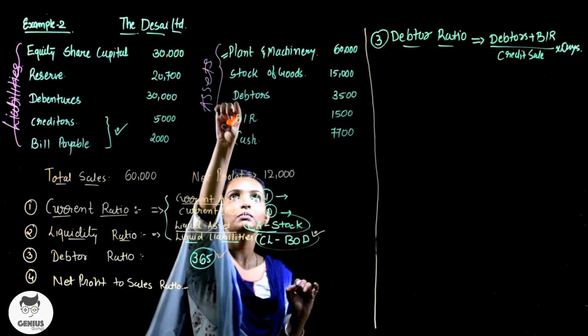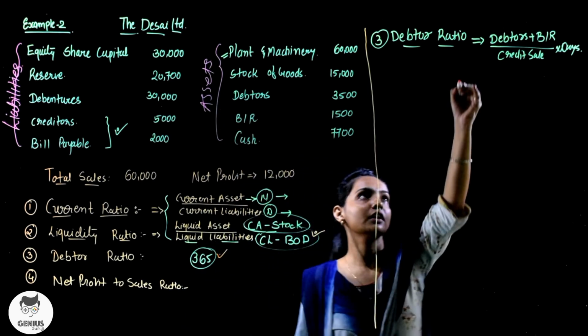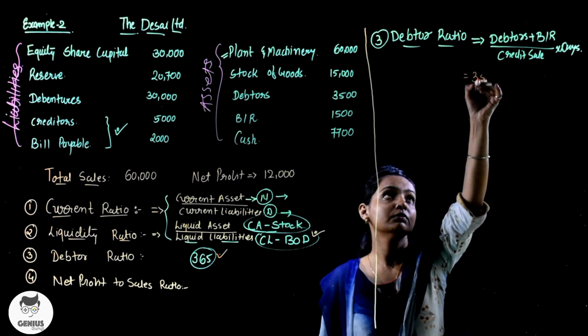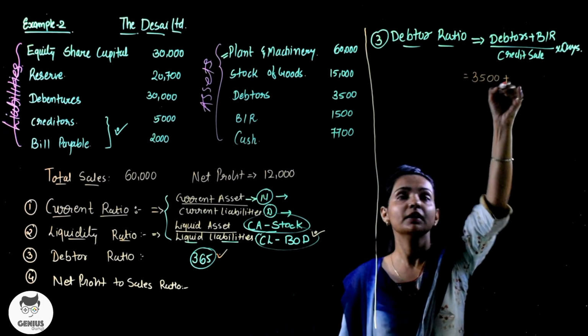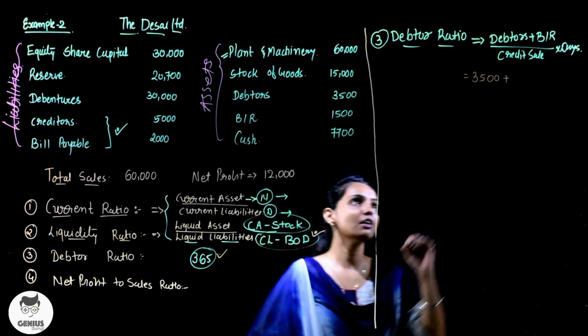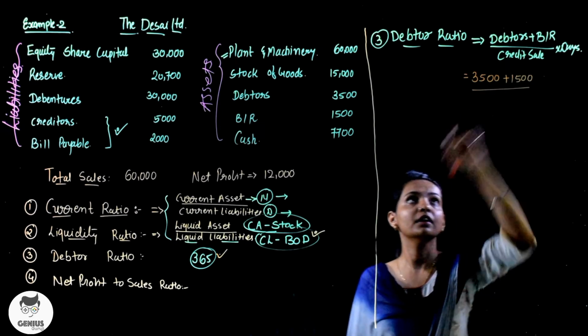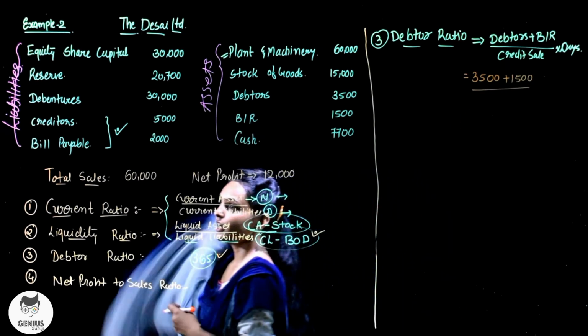Now what is the amount of debtors? 3,500. Put it over here, plus bills receivable of 1,500. Now where is credit sale?